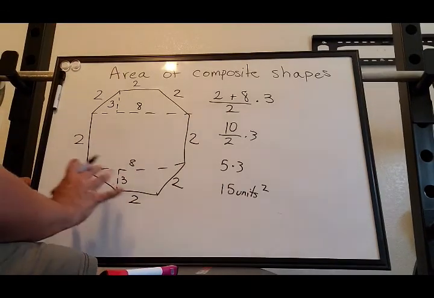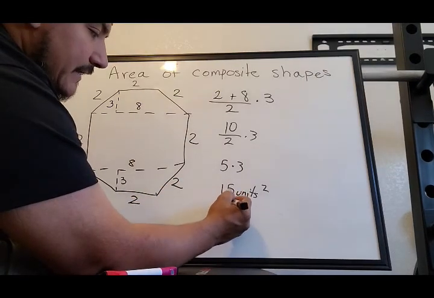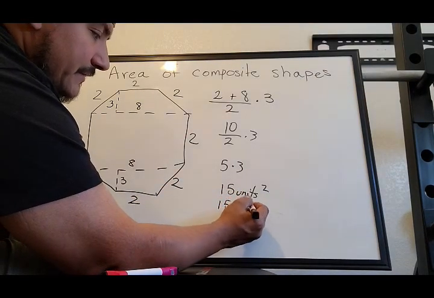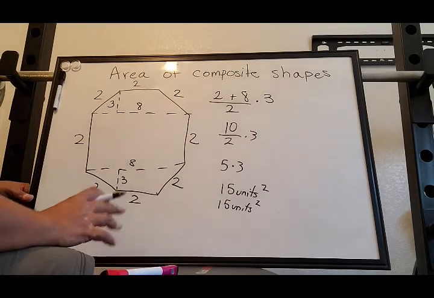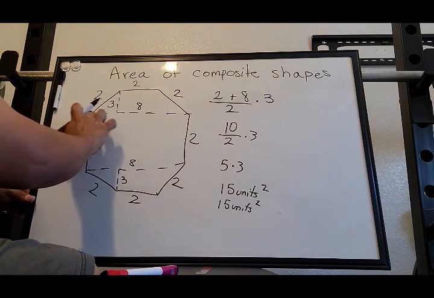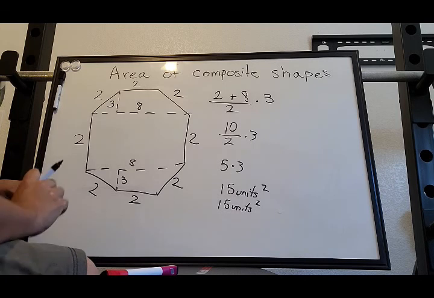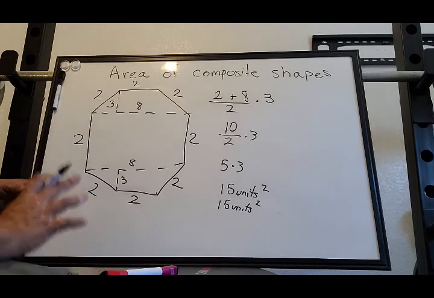Well, we know we have 2 of these trapezoids. And we have 15 units squared and another 15 units squared. Now, in order to find the rectangle, we know that this length right here is 8 and that the height of this rectangle is 2. How do we know this?